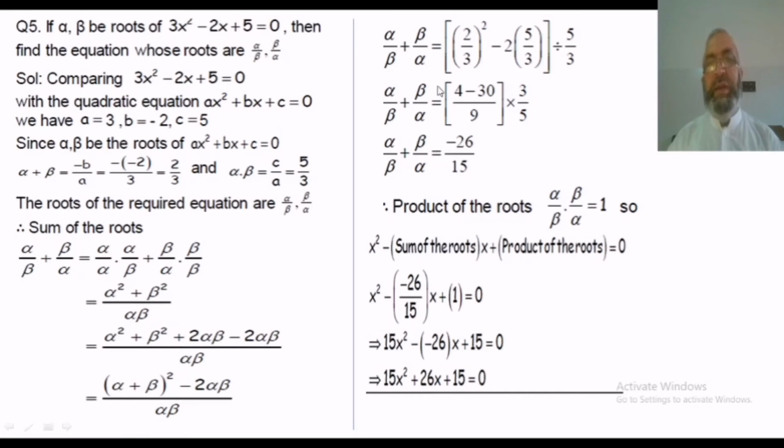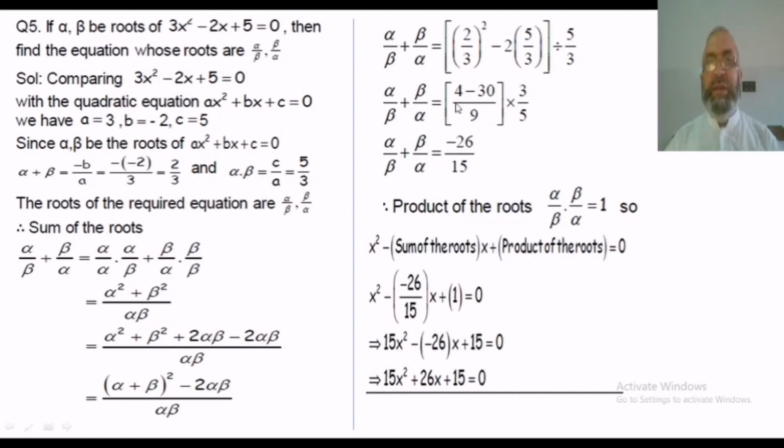Simplifying this relation, 2 by 3 square becomes 4 by 9, minus 10 by 3, and we take the reciprocal, change division into multiplication, multiply by 3 by 5. Again 9 is the LCM.